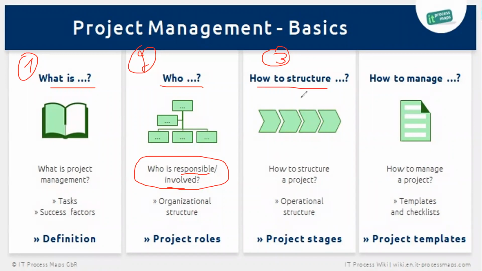The third question is about how to build the structure of this project. Every phase is going to have its time frame and its time limit. So we are building here the structure of our project.